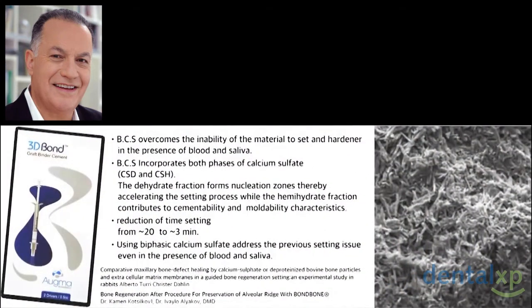We adopted this product and we use it for the indications we need. Small defects, bone preservation after extraction. We can use it as a membrane, because if you remember, several years ago we had a membrane like this, and we were using this calcium sulfate to protect the bone.